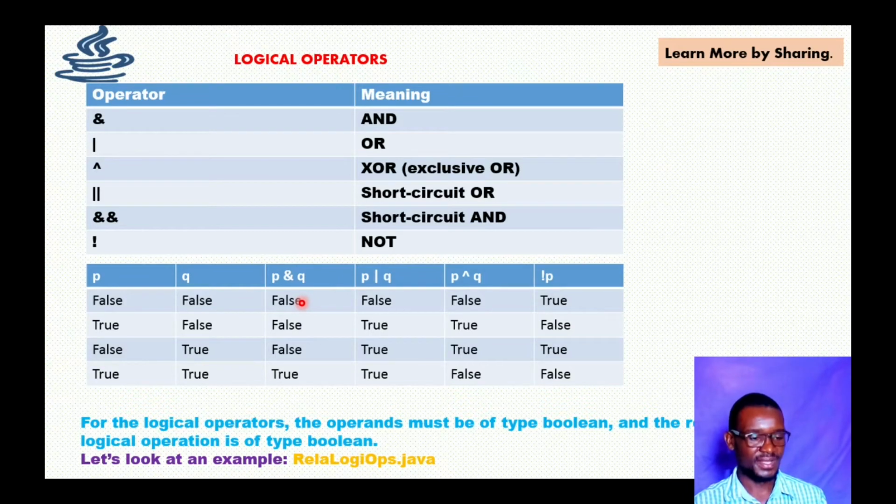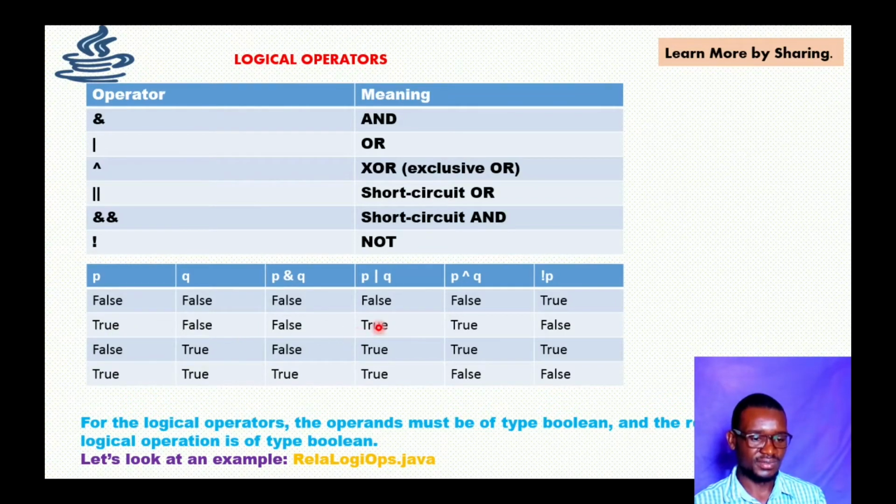So if we look at the or here, if we say P is false and Q is false, so we say P or Q. They are both evaluated to false. If we say P or Q, then the one that is true will come out.